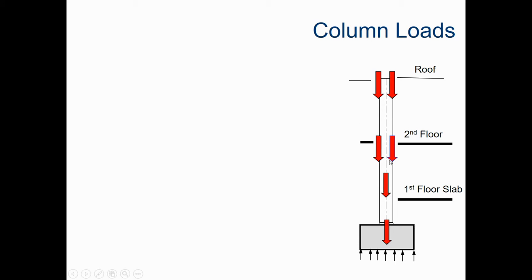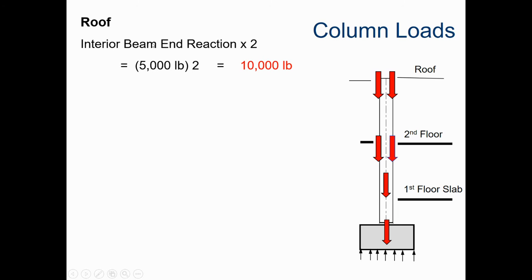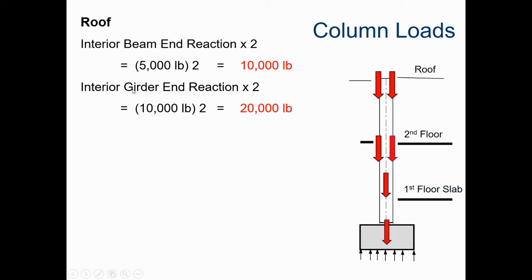So here's a vertical picture of the column. We have a roof, we have our second floor, remembering that that first floor will not be included in the column loading. So from the roof, we have our two end reactions, 5,000 pounds each for each one of the beams, for 10,000 pounds. We're also going to have two girders that are acting on that column as well.